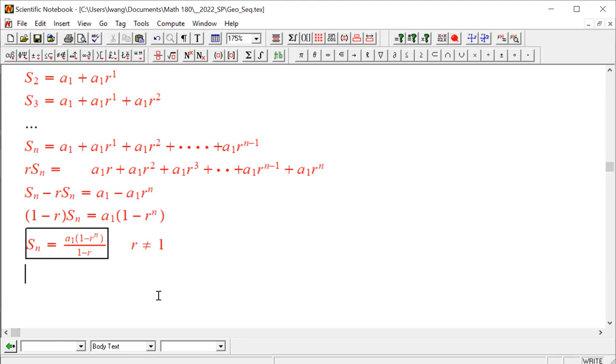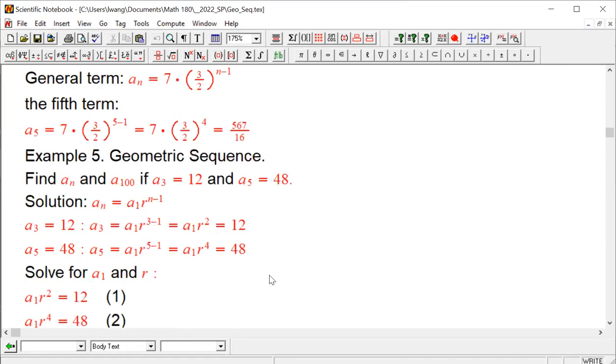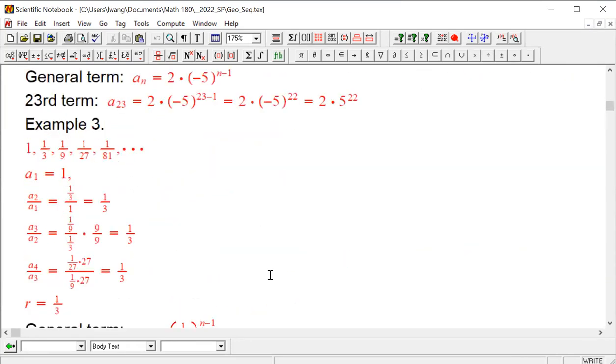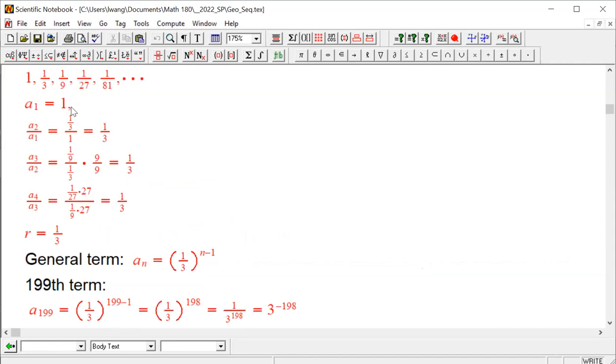Let's look at an example. We've done some examples before. I'm taking one of the examples with 1/3 as the common ratio, and A1 is 1.